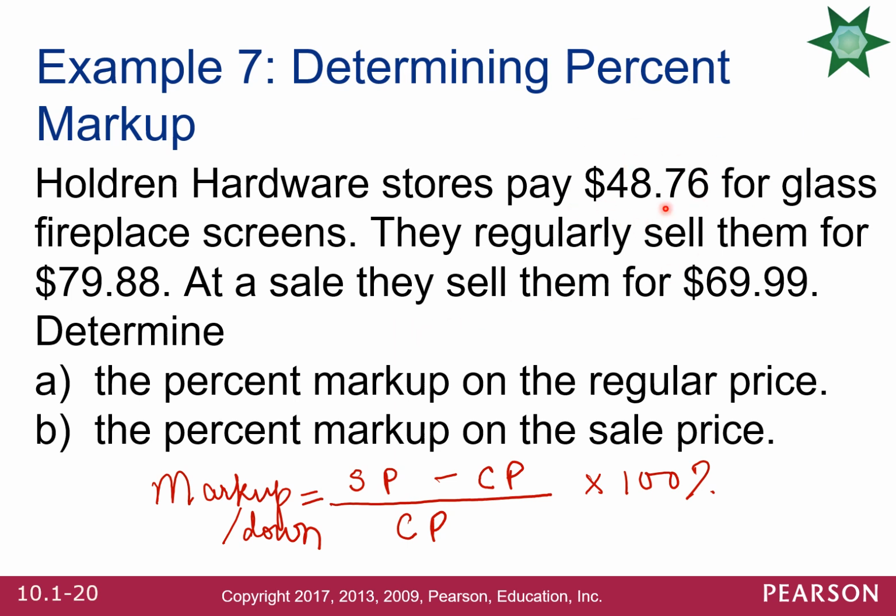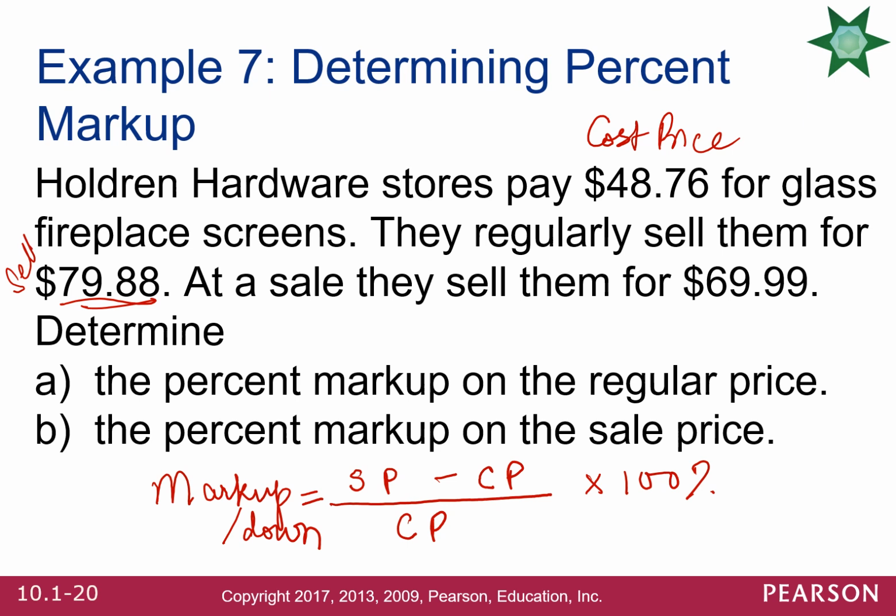So $48.76 is their cost price, what they purchase the screens for. Then it says they regularly sell them for $79.88. That's the selling price.